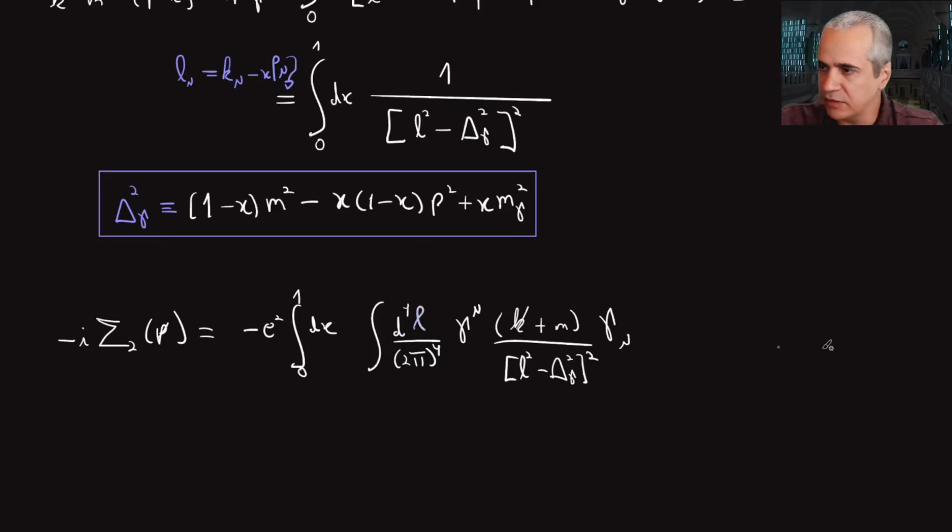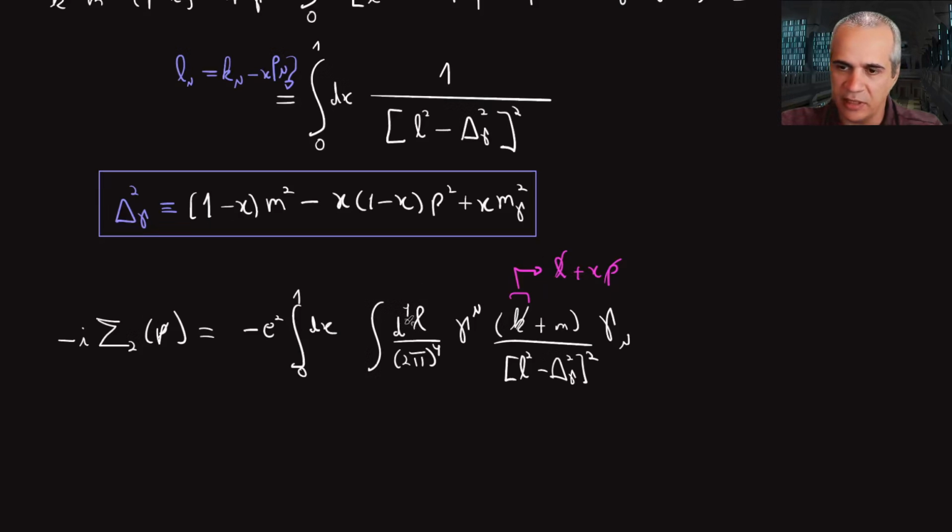Now k slash here will just become l slash plus x p slash, right? Just have to solve this. But l slash is odd under this, it's an odd function of l mu, right?